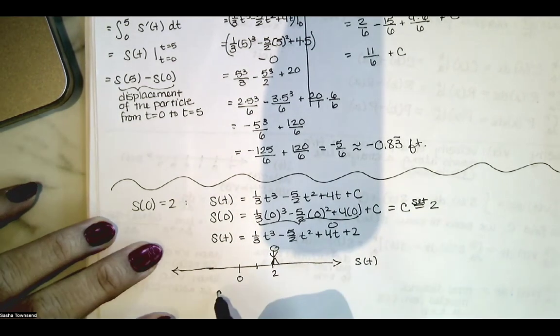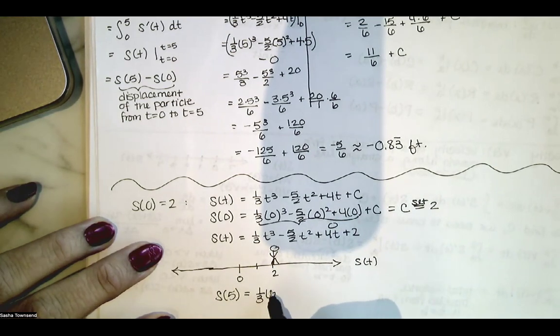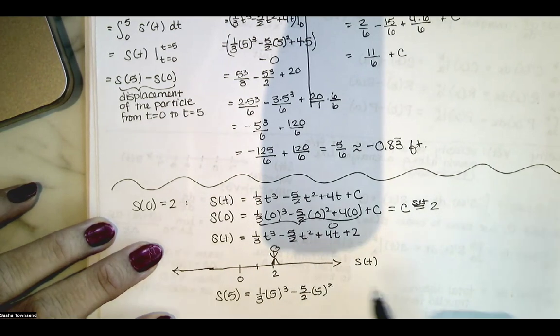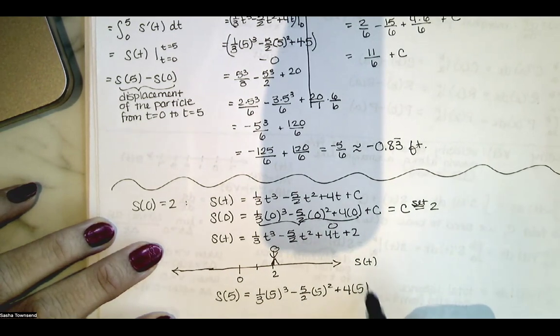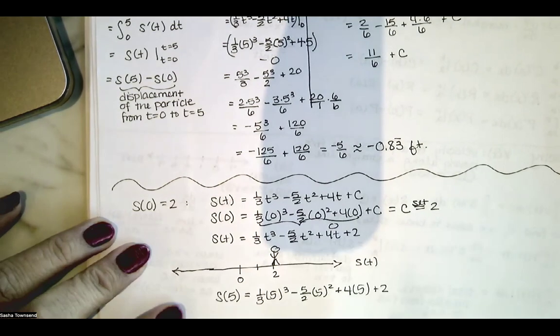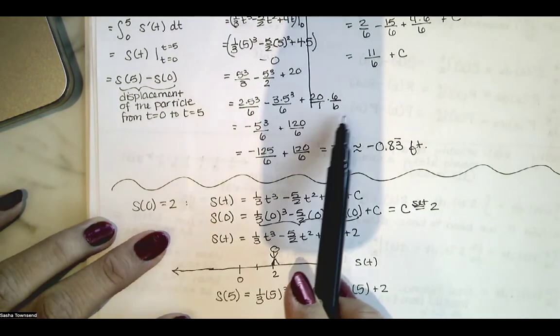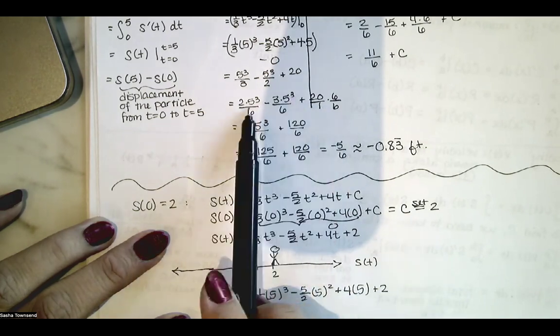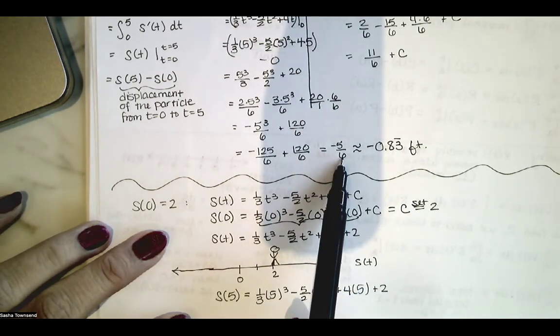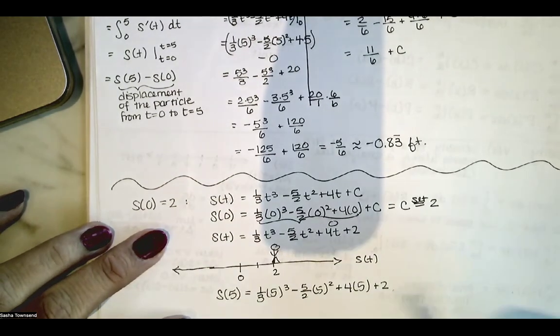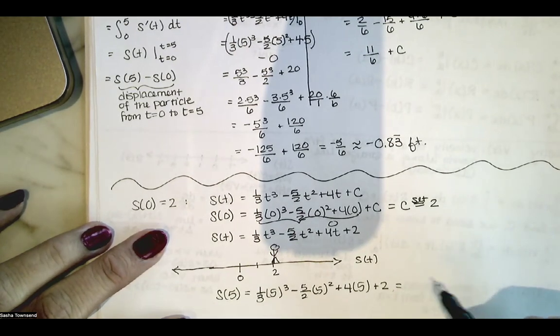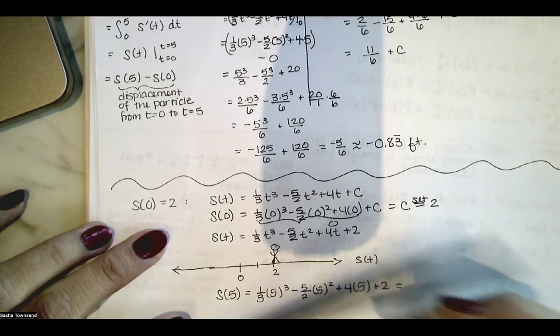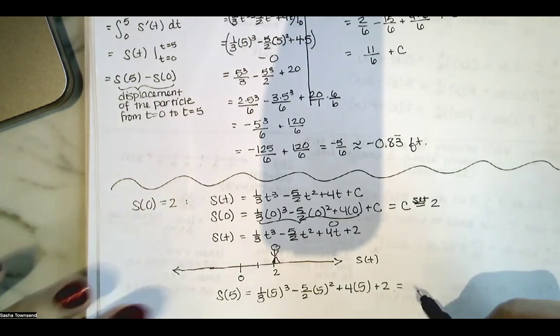And then at time t equals 5, we evaluate and get 1/3 5 cubed minus 5/2 5 squared plus 4 times 5 plus 2. That's going to be this number, negative 5/6, and then we'll add 2 to that. So we'll have negative 5/6 plus 12/6, which is 7/6.